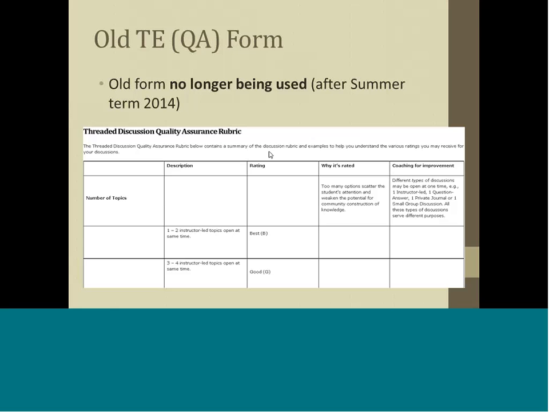And this shows you how certain categories of performance were deemed to be important by CCCOnline, and then there was an explanation of why that category of performance was even being rated, and even some examples for ways that a chair could coach or help an instructor who maybe was good in several categories but needed some help in one particular category or two. And ratings were given of best, good, and needs improvement.